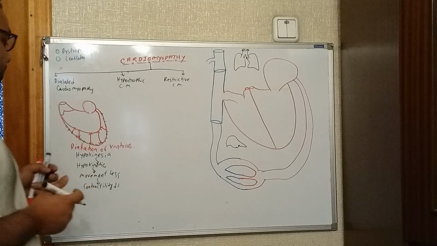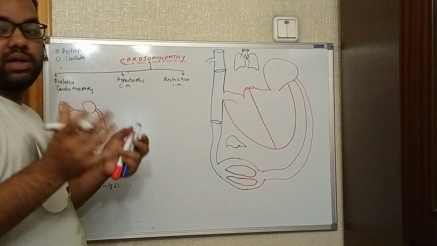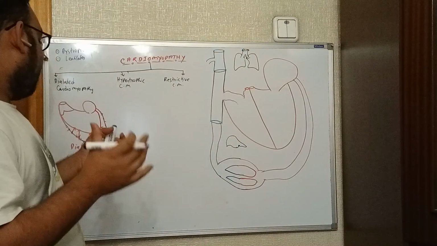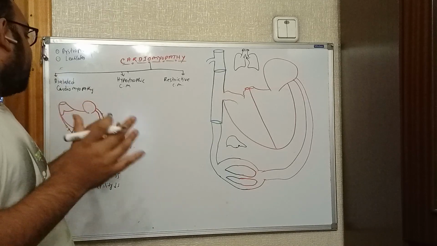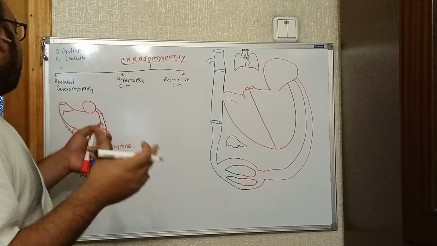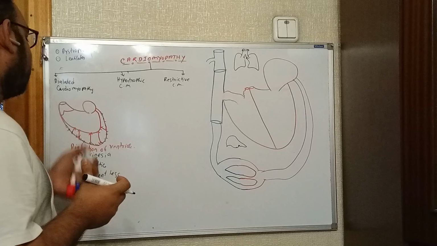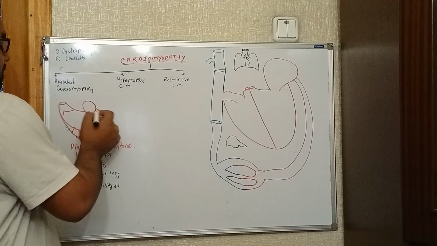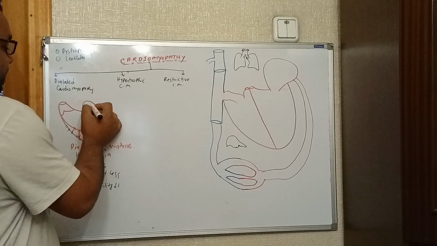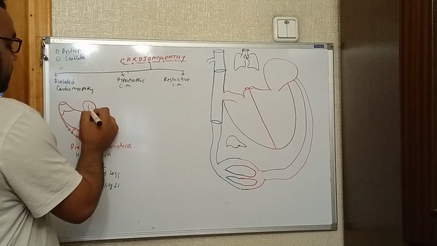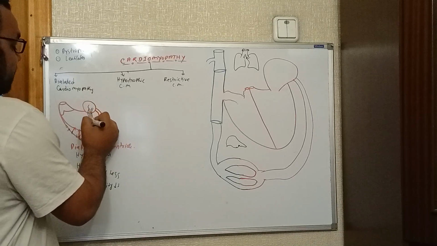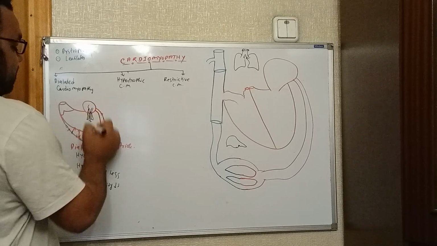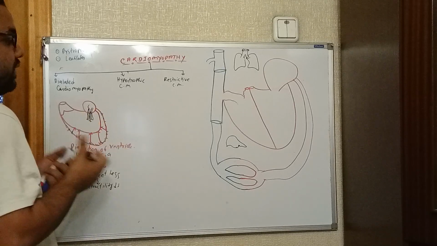So the thing is here, if it is too much dilated, just try to understand. If it is too much dilated, during the time of the systole, it will not be able to contract properly. So whatever the problem is here, the systolic failure. But if you think about the dilations, for the diastole it can accumulate the blood normally. So there will be no problem as far as the diastole is concerned, but there will be the systolic failure of the heart.